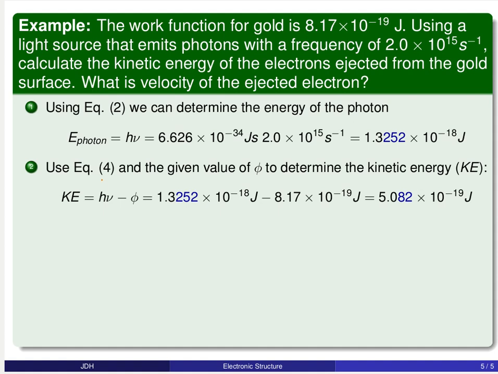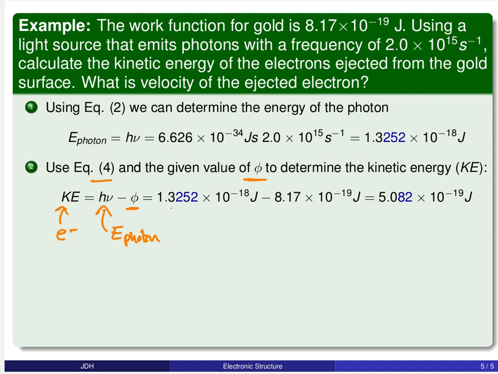Now we're going to use equation 4 and the given value of the work function from the previous slide to determine the kinetic energy. Equation 4 tells us that the kinetic energy of that ejected electron is going to be equal to the energy of that photon, the energy coming in, less the amount of energy required to rip that electron off of that gold surface, which is our phi.